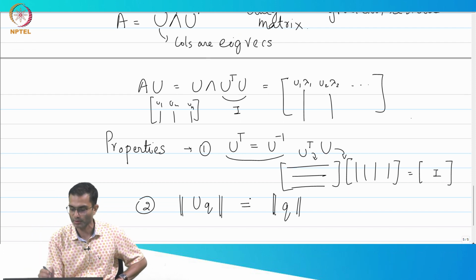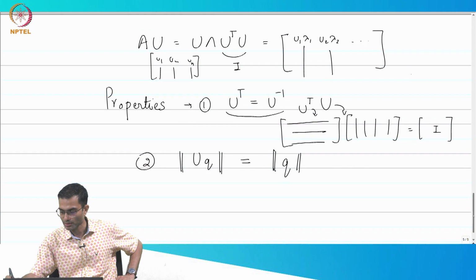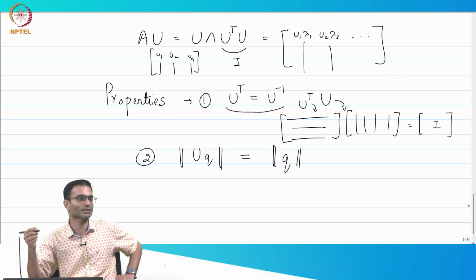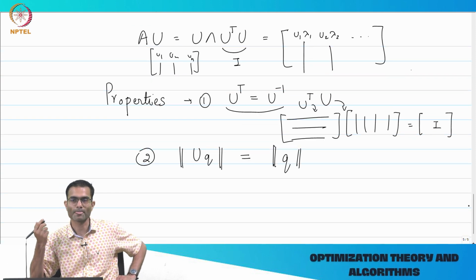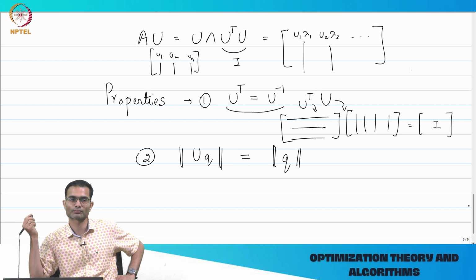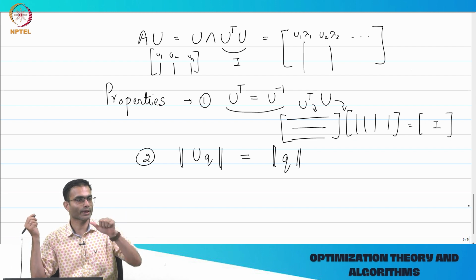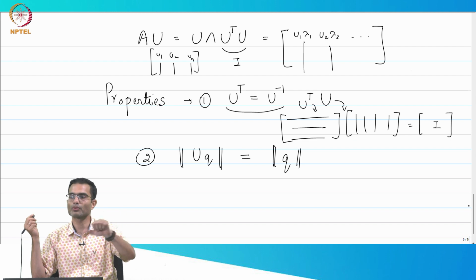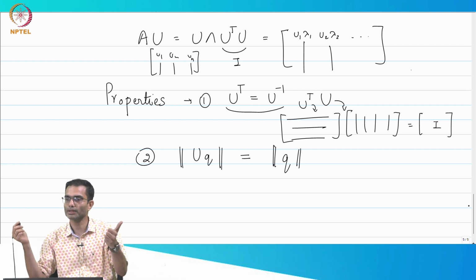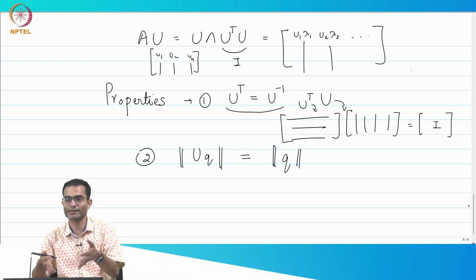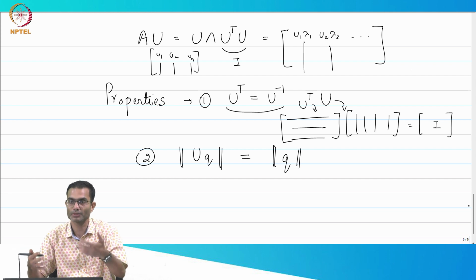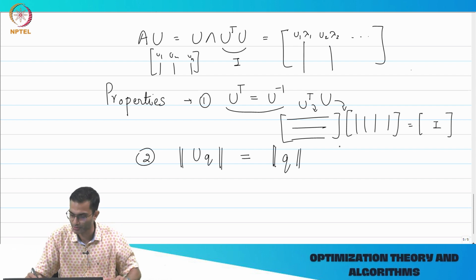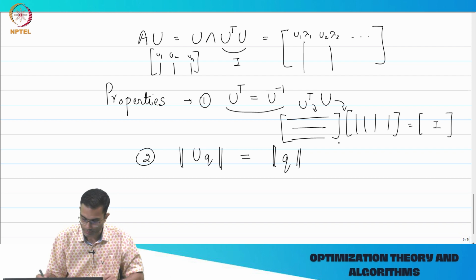The reason I state this is because it gives us a nice geometrical interpretation. In n dimensions, it's a rotation. I take a vector, multiply by U, it just rotates it. Rotation does not change length, right? You can write this algebraically, which does not have much intuition, but now you see it's actually just a rotation. So it's length preserving.